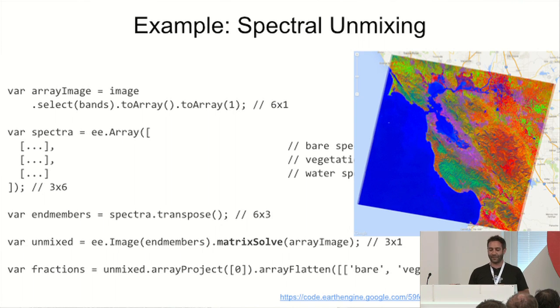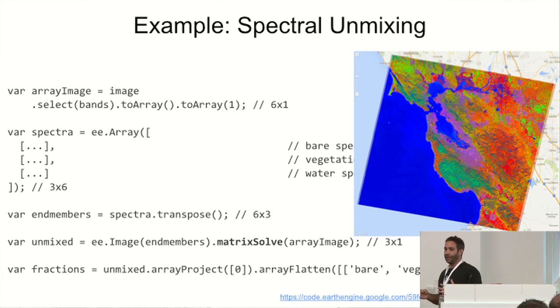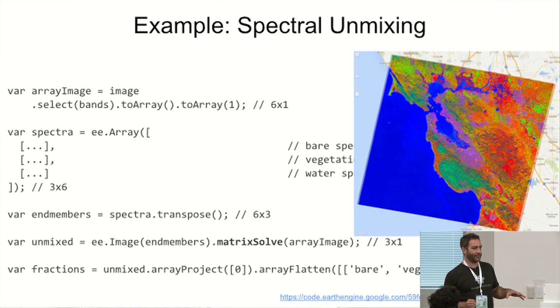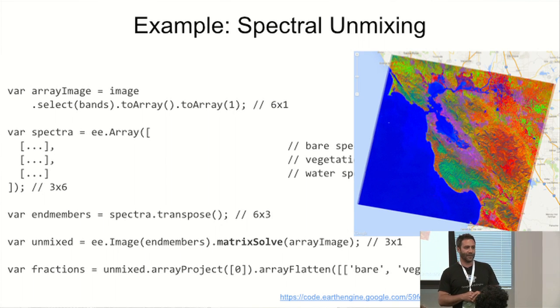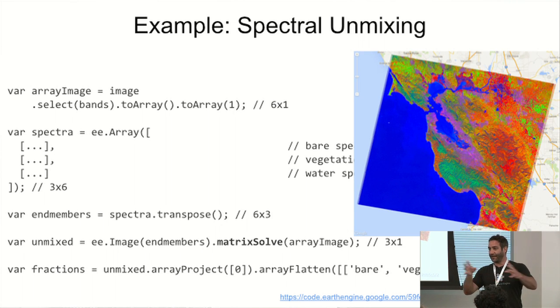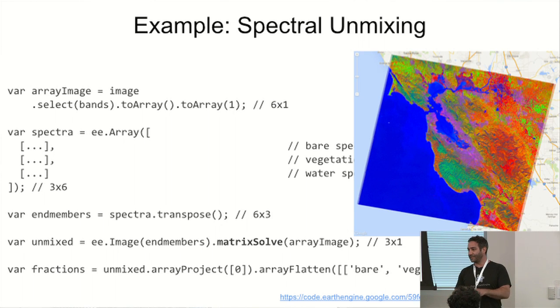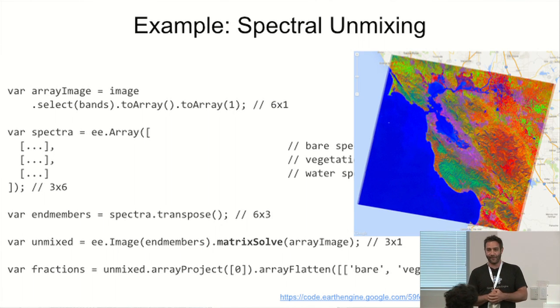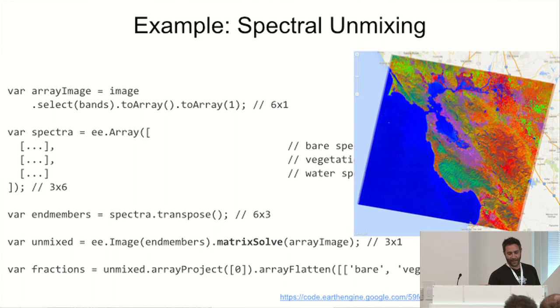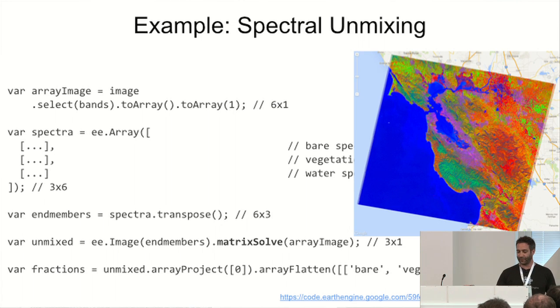Now I have these spectra that I know, and if you come to the hands-on, I believe it's tomorrow, we'll try to actually solve one of these models by clicking out some regions and just taking the mean pixel values inside those regions and calling those the end members. Maybe you've run around outside with a spectrometer or something and measured these things. I don't know. You have these vectors somehow, and they go into these lists here. So I've just taken those known vectors, and I've slapped them in here as these lists.